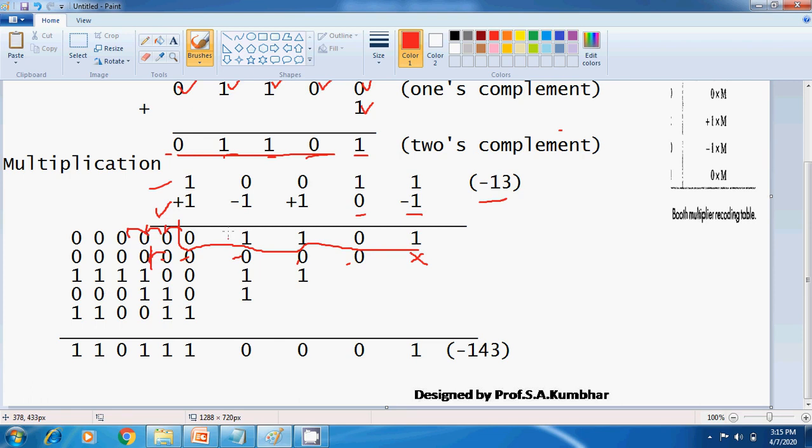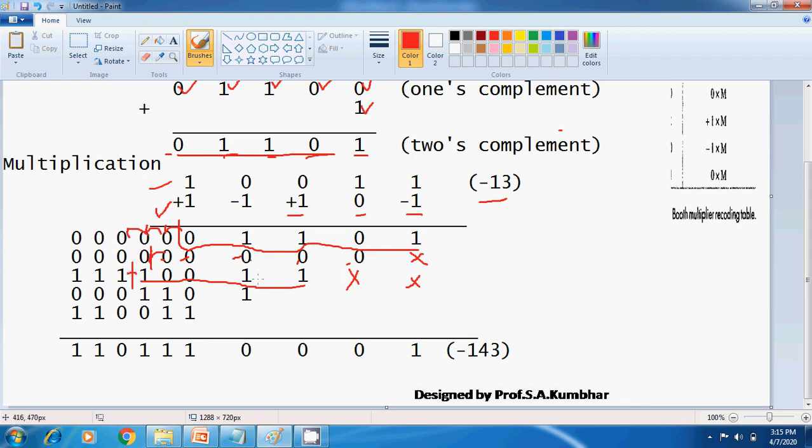This is a sign extension, I would say. Next iteration, you have to multiply with plus 1, and if I multiply with plus 1, I have to simply write down the multiplicand as it is, because here 1, 1, 0, 0 and 1, and the remaining 3 bits are again filled with sign extension. So 1 is extended 3 times.